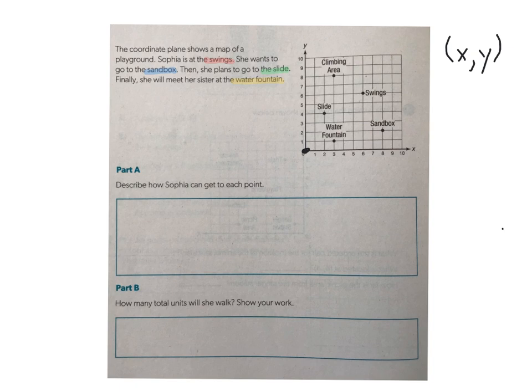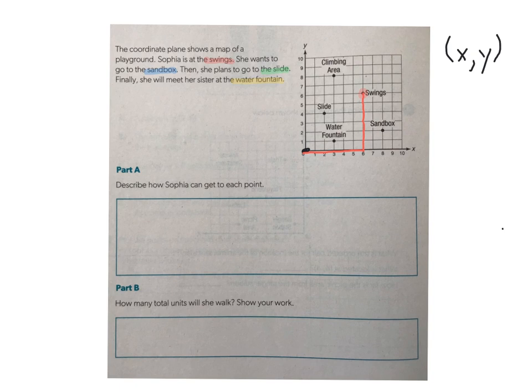So if I look at the swings, where Sophia started, I notice that it is located right here. If I start at my origin, I'm going to go 1, 2, 3, 4, 5, 6 places to the right, and then 1, 2, 3, 4, 5, 6 places up. Those places are called units.